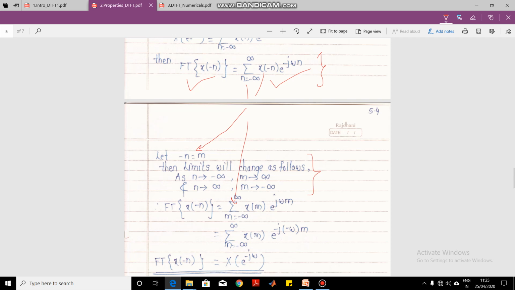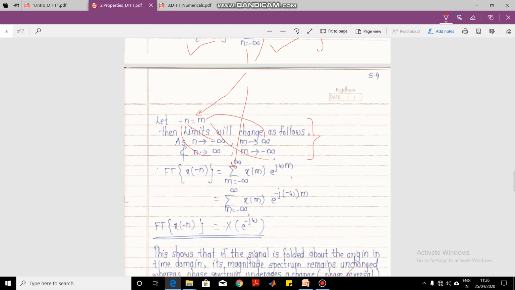To change these limits from n to m, we do the substitution. When n tends to minus infinity, minus of minus will become plus, so m will tend to infinity. When n tends to infinity, m will tend to minus infinity. So after substituting this in the standard equation, we can write this as e raised to minus j, since in our standard equation we want a minus here.